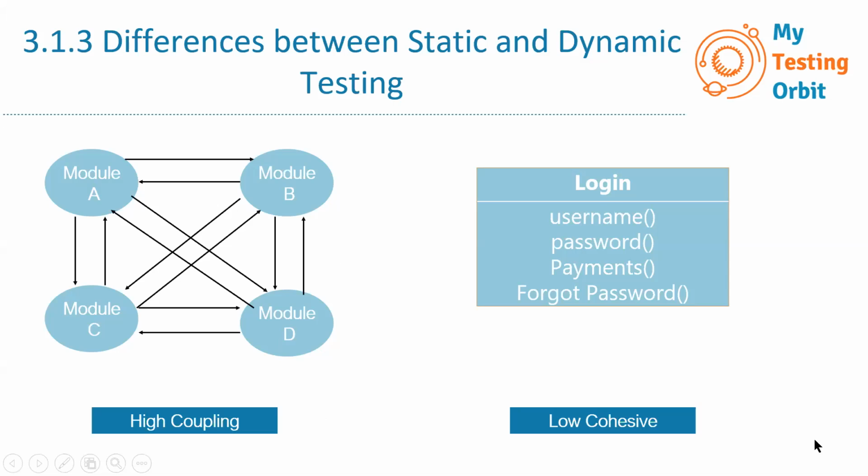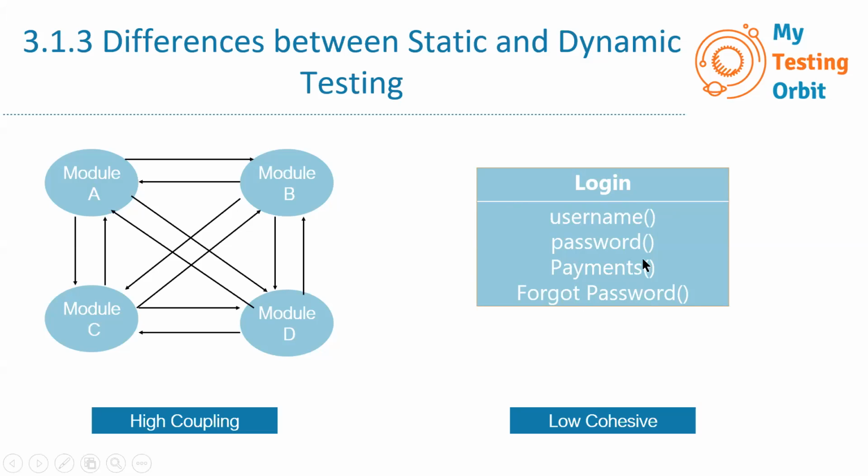What is low cohesion? Cohesion is how elements within one module are related to each other. We know that a module is a set of one functionality. For example, over here I've taken the example of login functionality. The functions under this functionality are username, password, payments, forgot password.